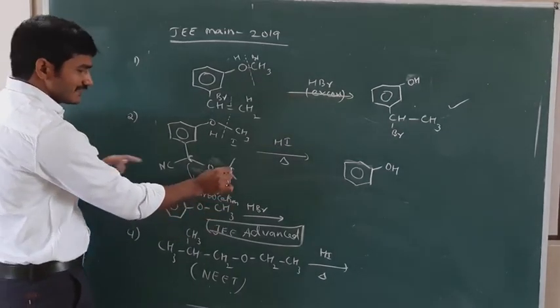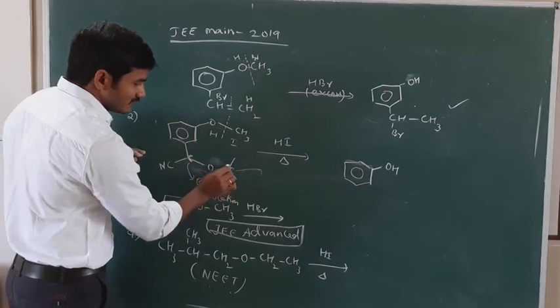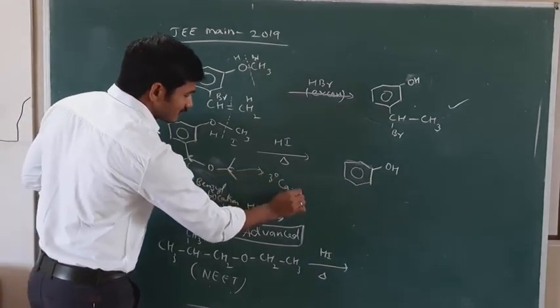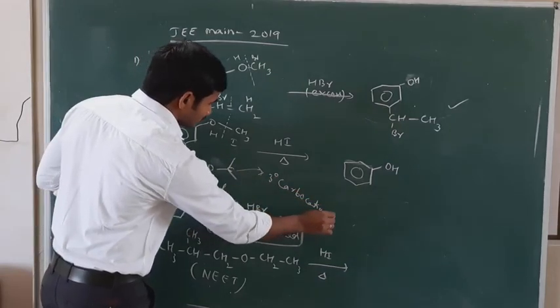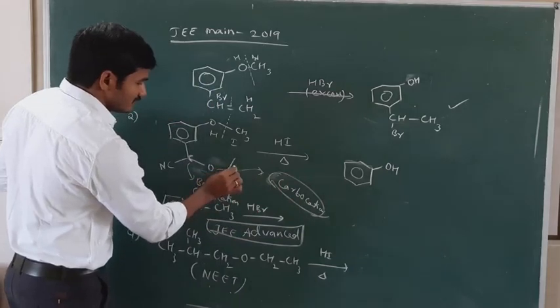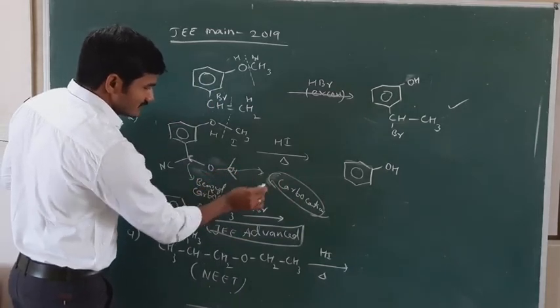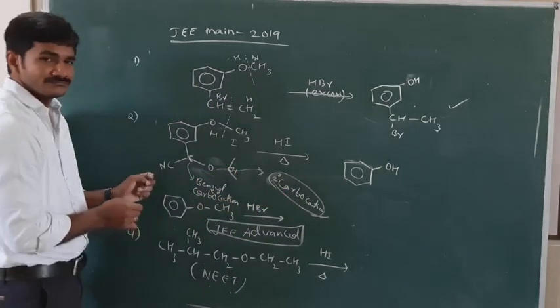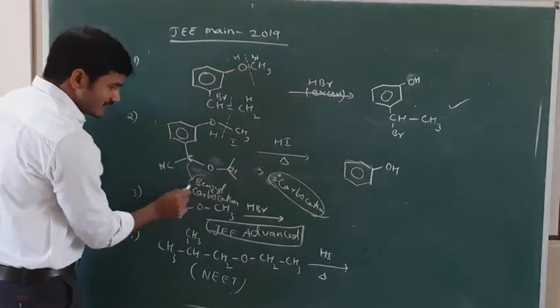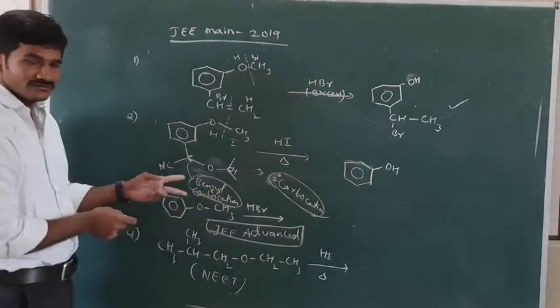And this carbon is not a benzene carbon. It has 3 carbons and one hydrogen, so it can form a tertiary carbocation. One hydrogen will be there, a secondary carbocation. Among benzyl and secondary carbocation, which is more stable?